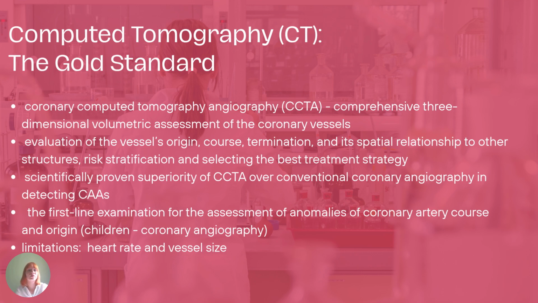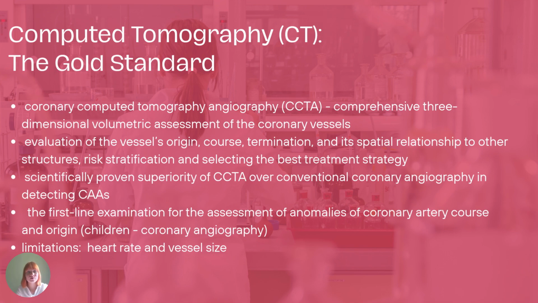It gives a three-dimensional volumetric assessment of the coronary vessels, allows to evaluate the whole course of a vessel and also its relation with other structures of the heart. It allows to make the risk stratification and to select the best treatment method, the vascular or classic operation.